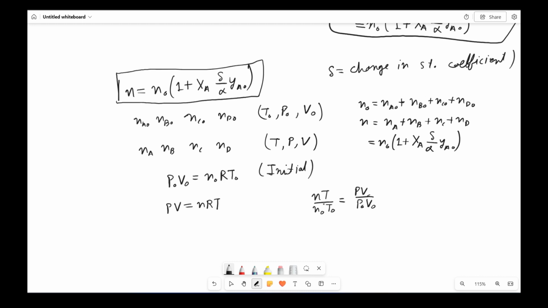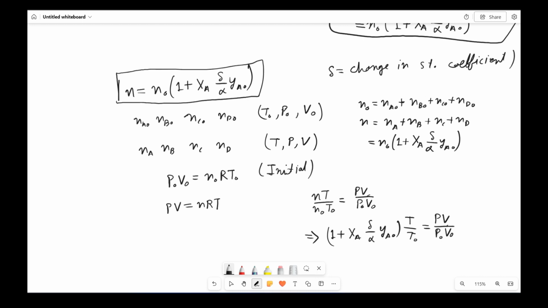Now, this n by n naught, we know, is 1 plus xa delta by alpha initial mole fraction, into temperature by temperature naught, equal to PV by P naught V naught. This is the relation.